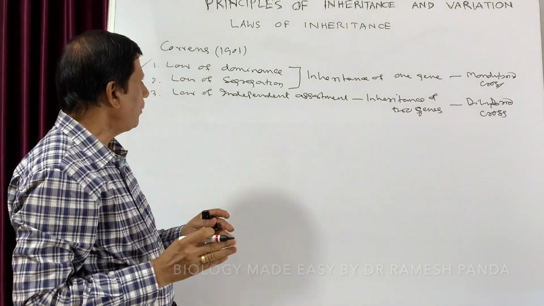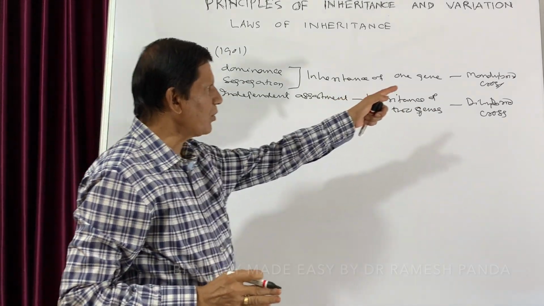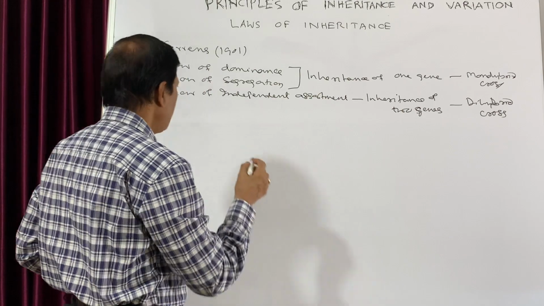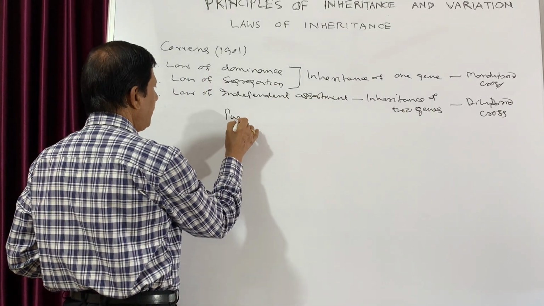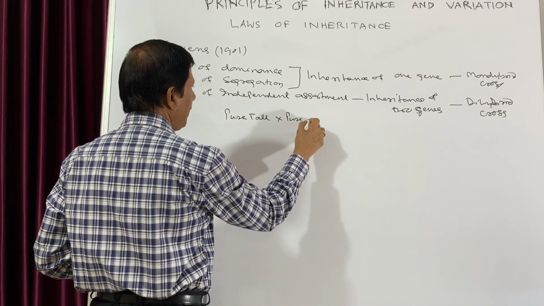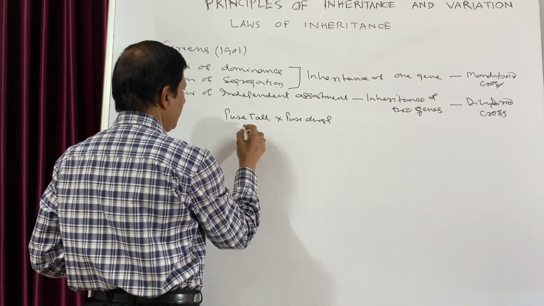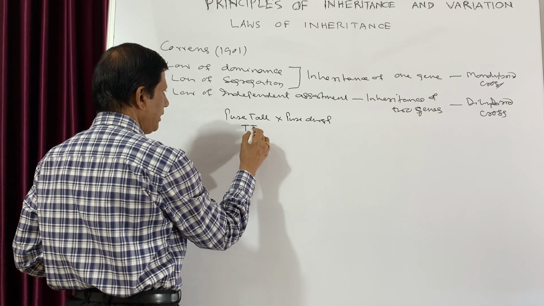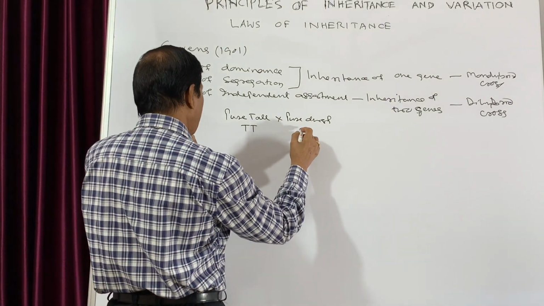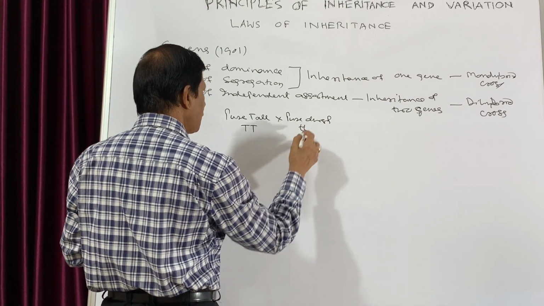The law of dominance is based on the monohybrid cross. In one of the monohybrid crosses, Mendel took a pure tall plant and crossed it with a pure dwarf plant. In symbols, T is for tall, while pure dwarf is written in lowercase t.